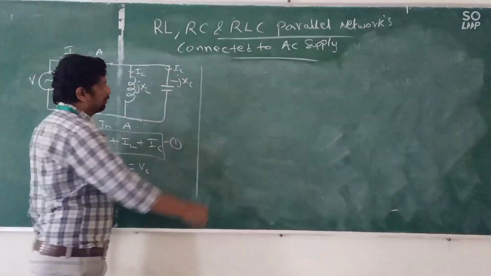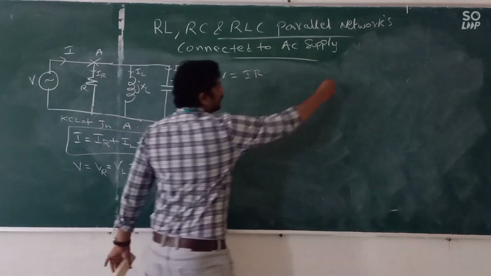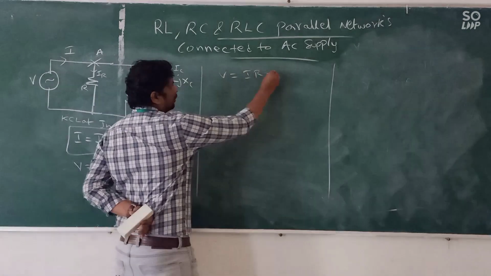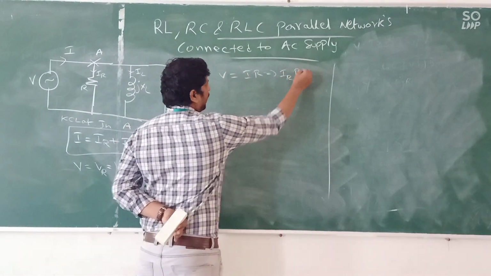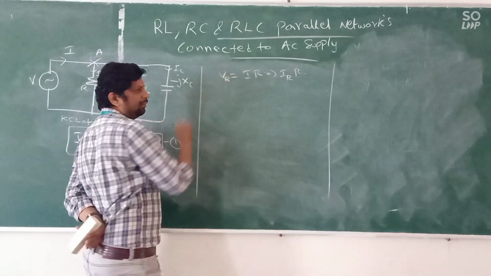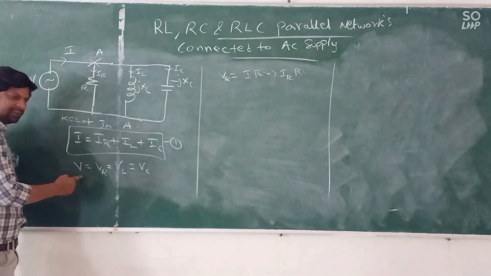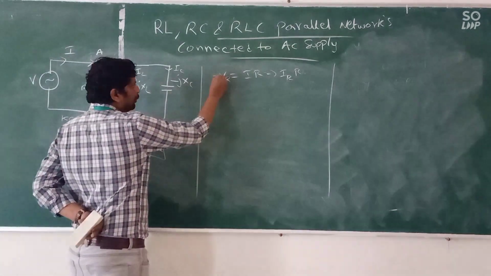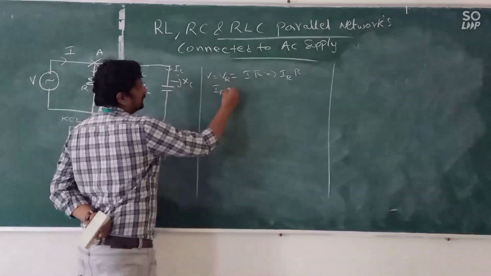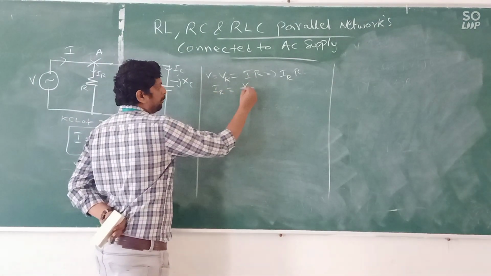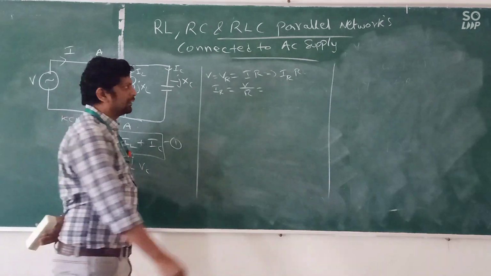From Ohm's law, V is equal to IR, so the current flowing in the resistor is IR into I. Here the voltage in the resistor is VR, but in parallel branches all the voltages are equal, so VR is equal to V. So further I can write IR is equal to V by R. The reciprocal of resistance is nothing but conductance.